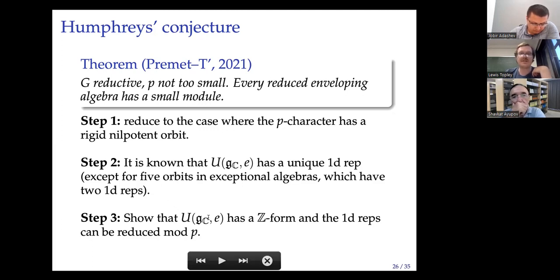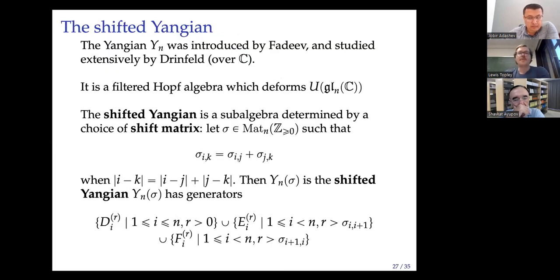And then we had to build a Z-form for these particular rigid finite W-algebras and then reduce that modulo p. So that was quite a technical process. That was published in Advances a couple of years ago. So in the last few minutes, I'm going to try and talk about the shifted Yangian and its relationship to W-algebras.